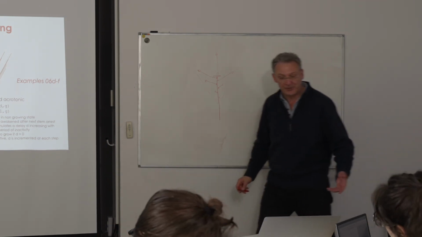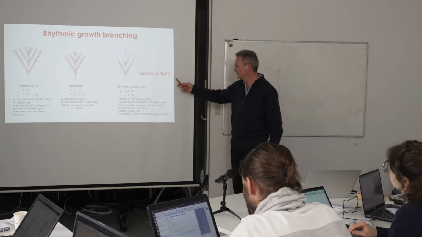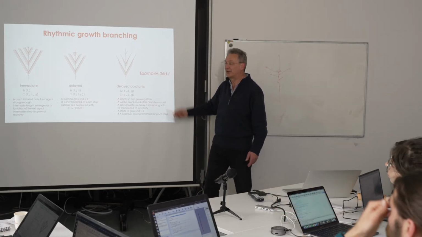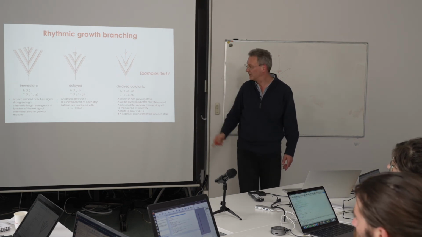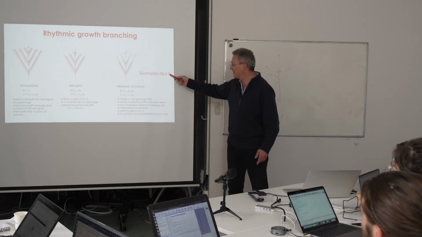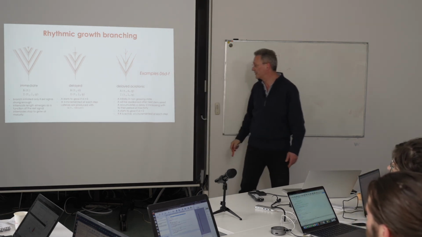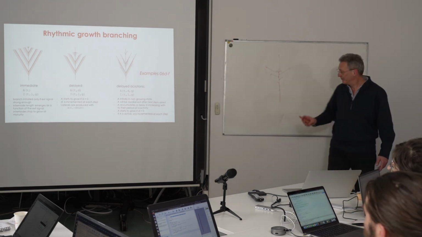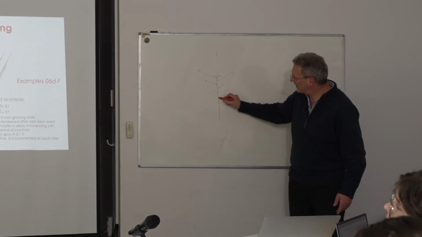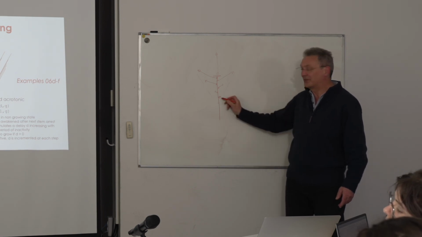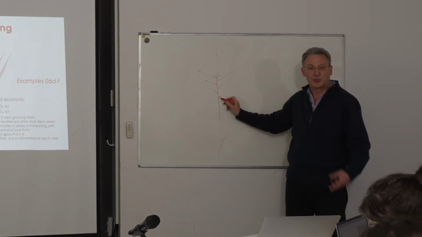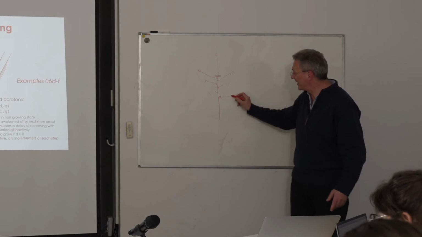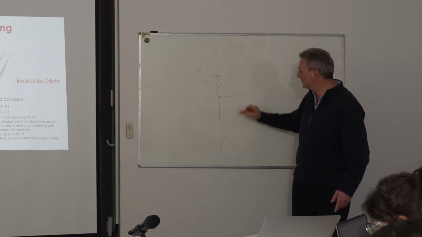So how would you do this? Well, this is illustrated in example 06, D to F, F being the one with the acrotonic pattern. The idea is that when this bud was created, it was created at a certain moment, and then it starts to accumulate a delay.